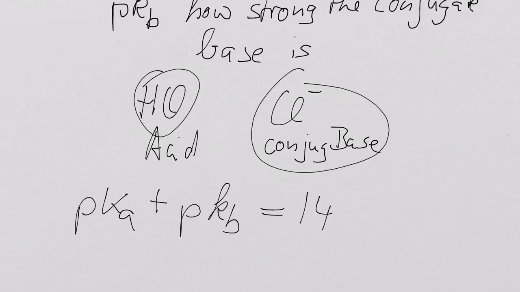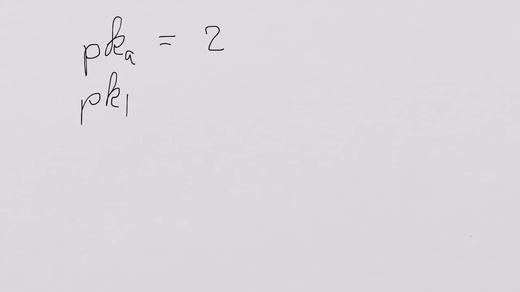So, let's say I have a pKa. My pKa is 2. What's the pKb? It's 12.